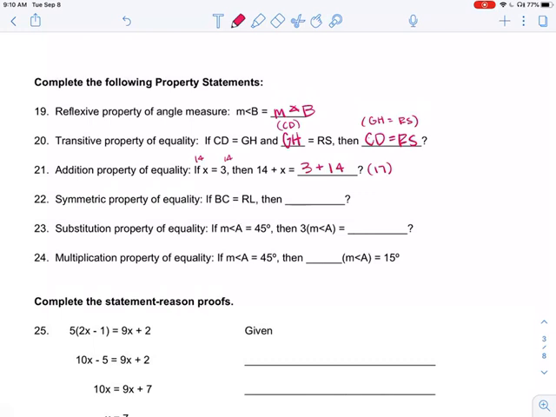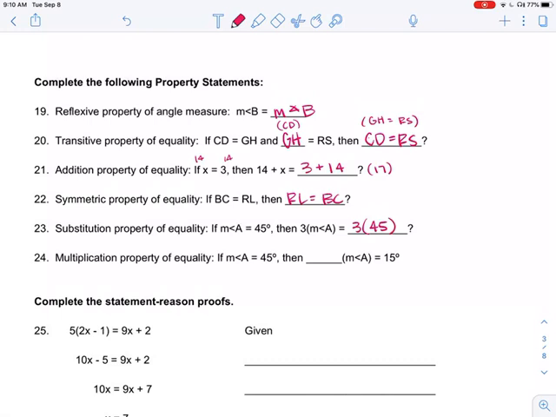Symmetric property. This is where we flip-flop them. So if BC is equal to RL, then we can reverse those. RL is equal to BC. Our substitution, if the measure of angle A is equal to 45, then 3 times the measure of angle A is equal to 3 times 45. Don't go any further, just replace it.